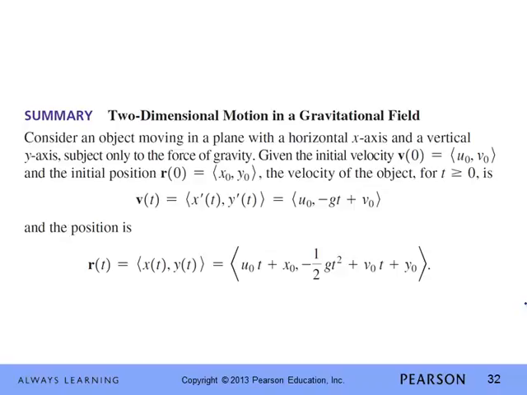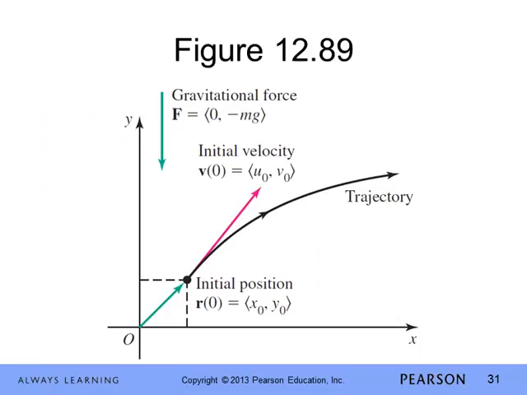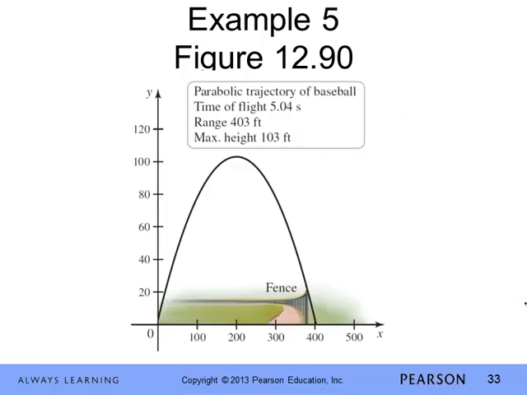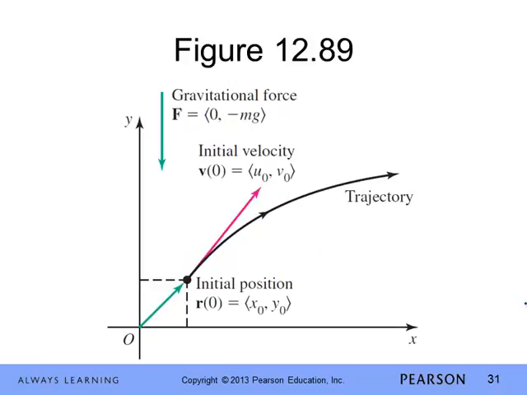Here's a picture of that. Because the force vector is given by 0 comma negative mg, that means the acceleration is 0 comma negative g.